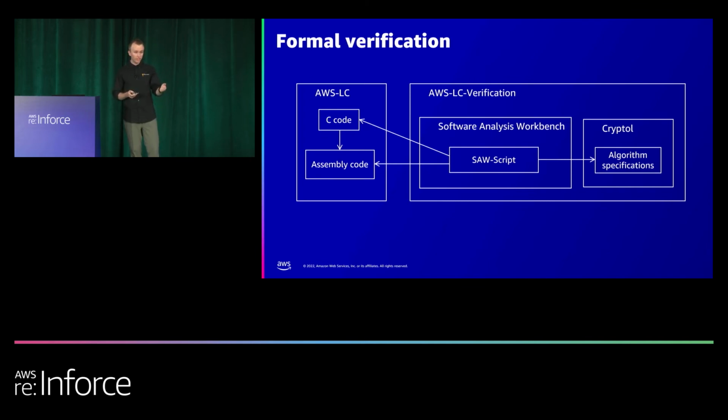For more information on this, you can see the AWS Science paper, Verified Cryptographic Code for Everybody. And I'm excited to talk about the fact that we contracted with Galois, the developers of the Software Analysis Workbench and Cryptol, to add additional functionality to their public tools that you can also take advantage of.